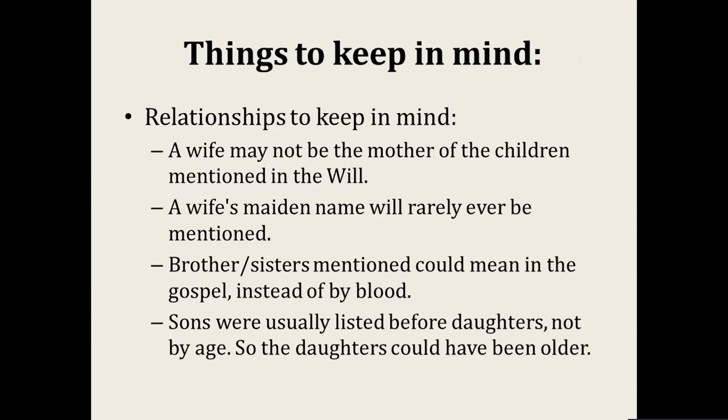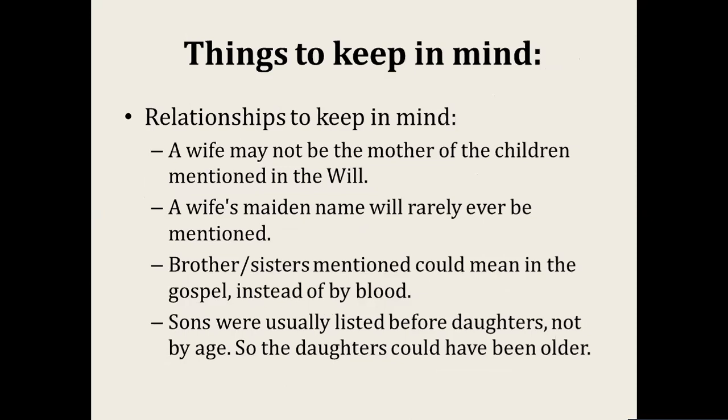Relationships. Just because a wife is mentioned, that does not mean that she is the mother of the children mentioned in the will. A wife's maiden name will rarely ever be mentioned. Brothers and sisters mentioned could mean in the gospel instead of by blood.